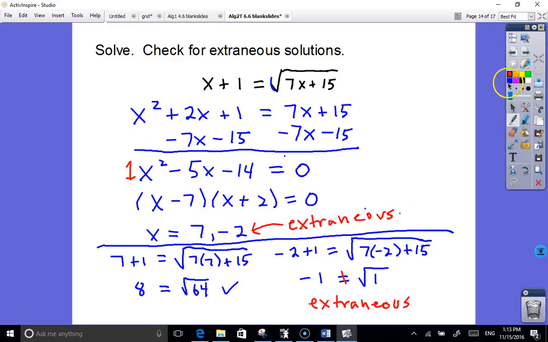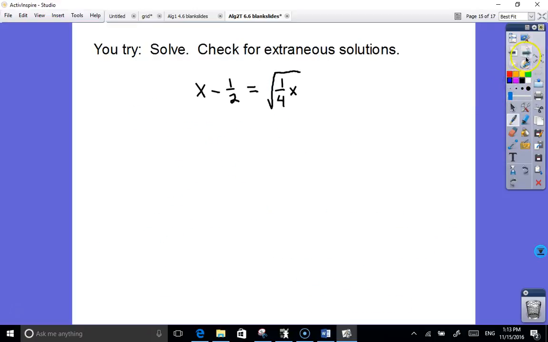Okay, so I think this is the last slide, the next one. So try that one. Okay, so what did you do first? Square both sides, right? So that should have looked like this. Square and square.